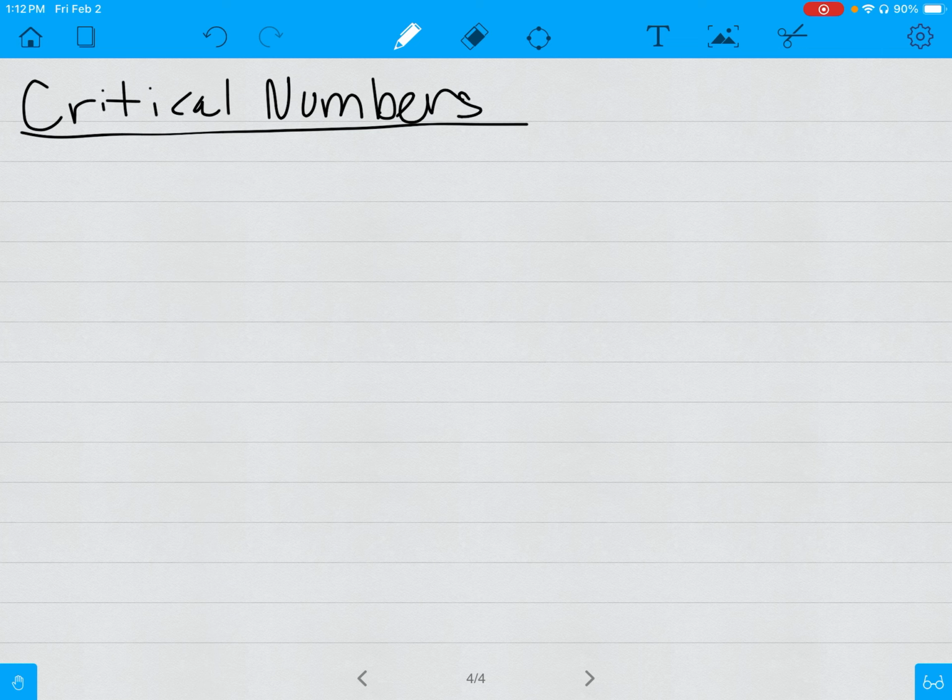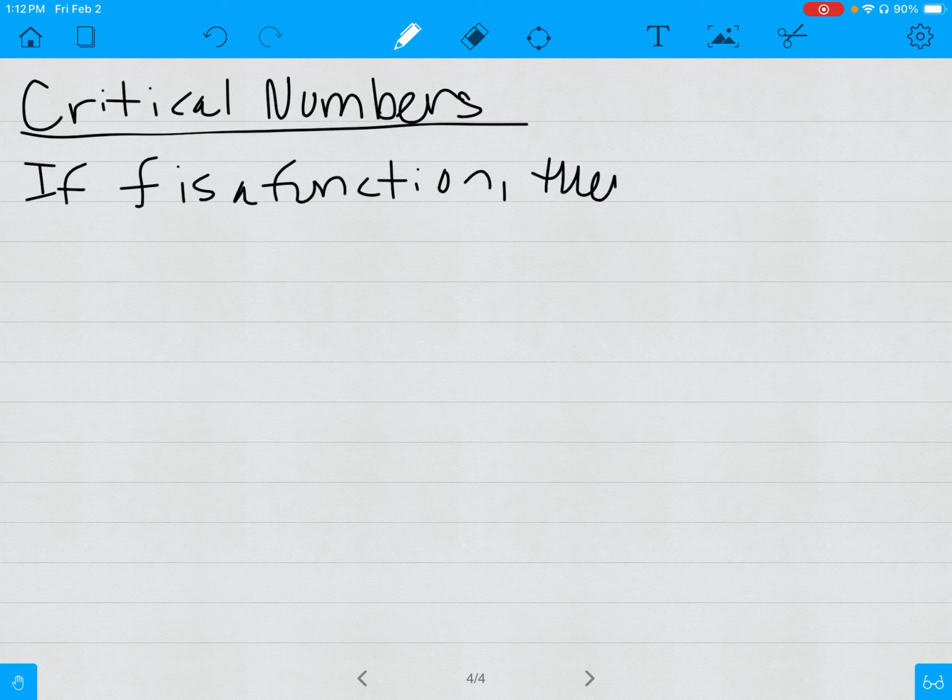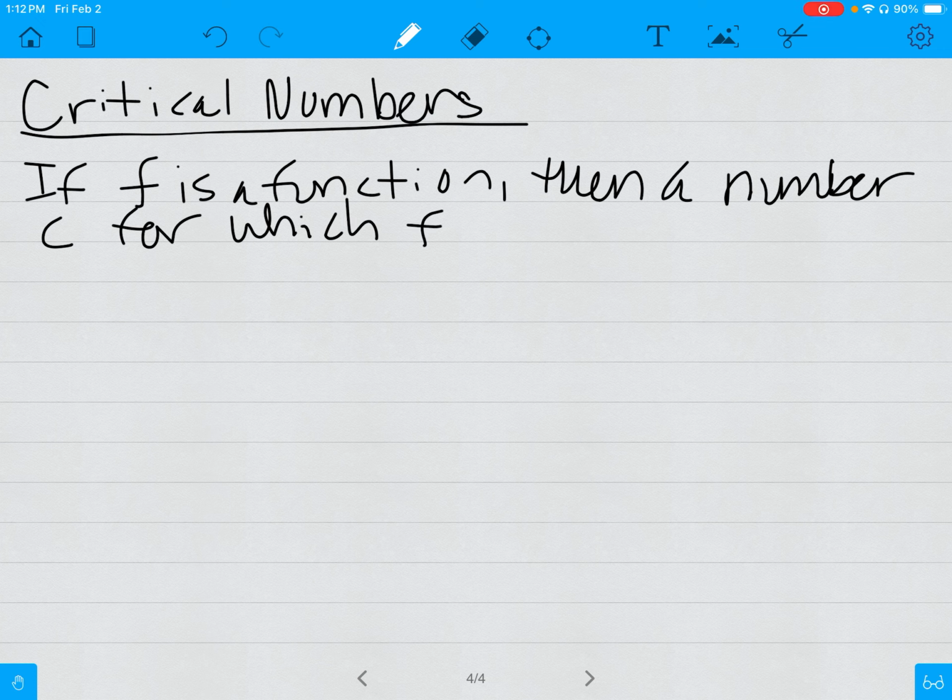So critical numbers, the definition of a critical number says, if f is a function, then a number, we're going to call that number c, for which f of c is defined. So in other words, the function actually has to exist at c.